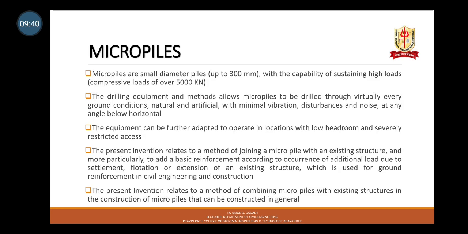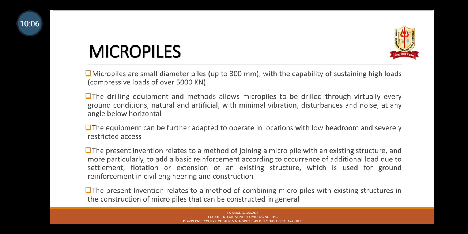Here is the new technology that comes in point of view, which is micropiles. Micropiles are small diameter piles up to 300 mm with the capacity of sustaining high loads, compressive loads over 5000 kilonewton.